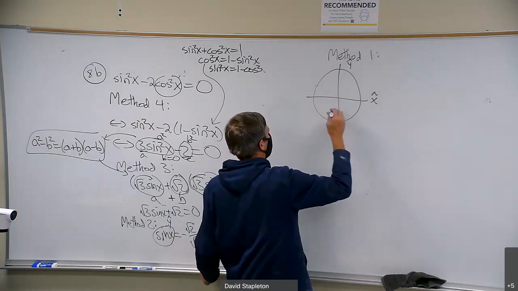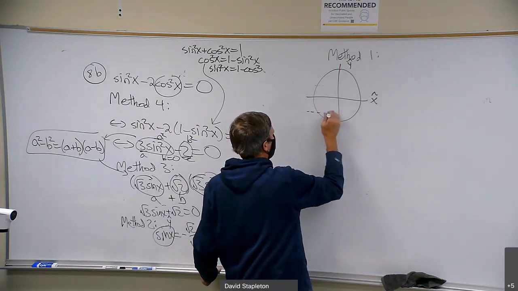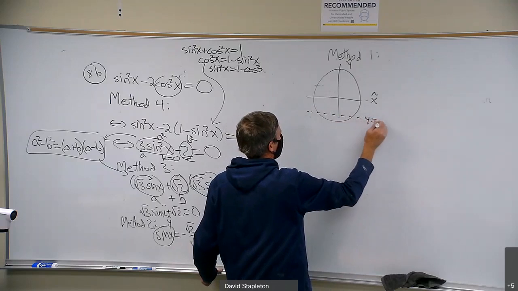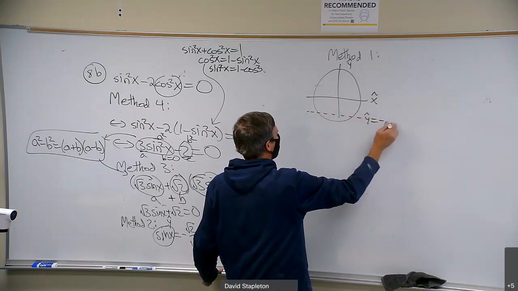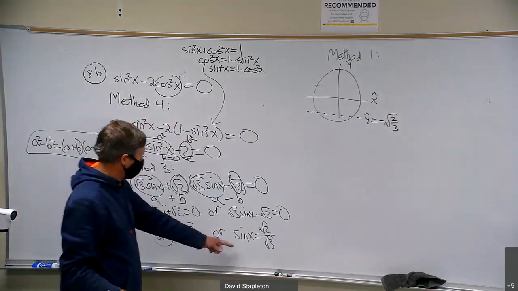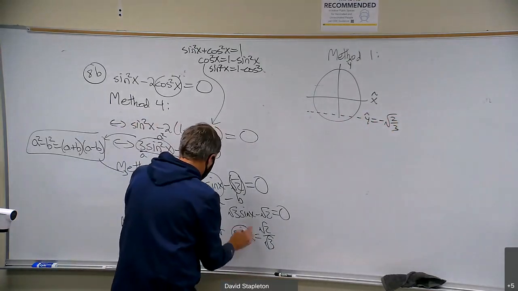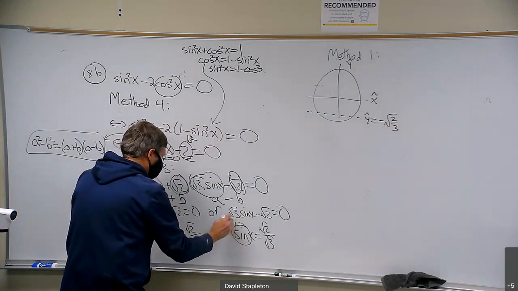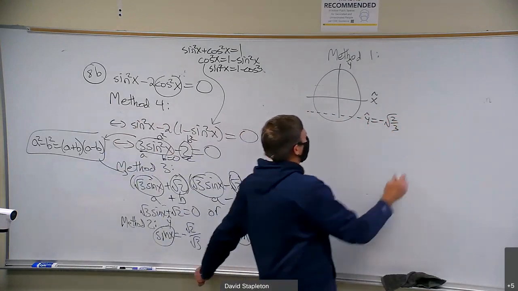Y equals minus square root 2 over 3. It may be down here somewhere. Y equals minus square root 2/3. I'll write it that way. And the second one is y hat equals plus square root 2 over 3.